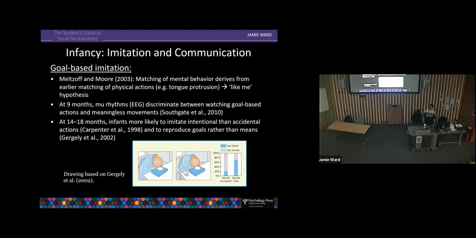So again, it suggests a sophistication at around 18 months, not just motor mimicry; between sticking your tongue out and these more complex goal-directed actions, this all happens in infancy.